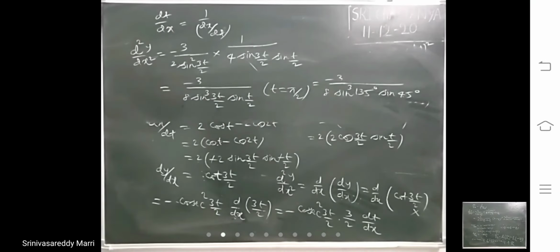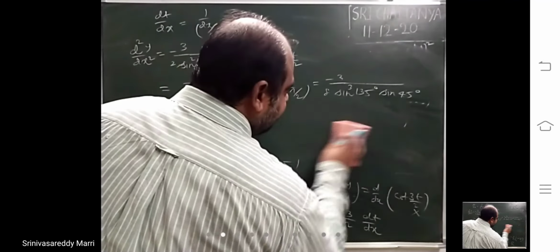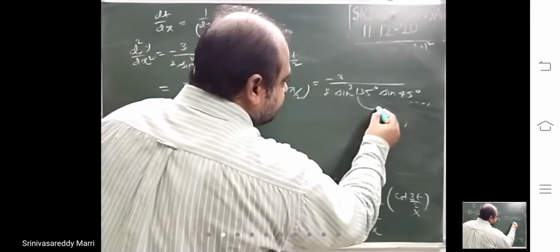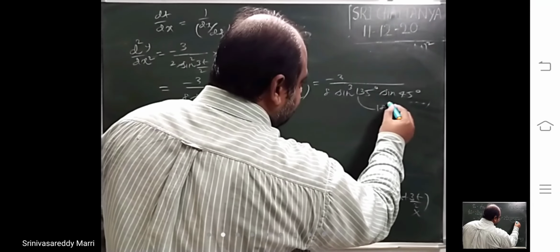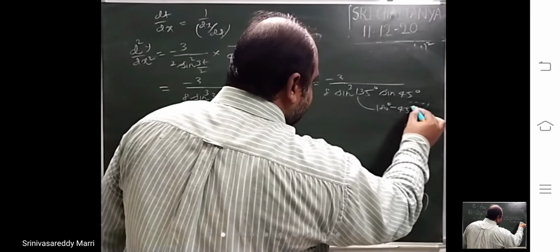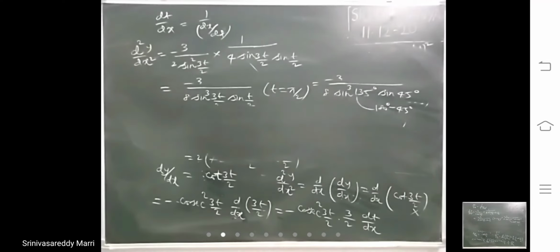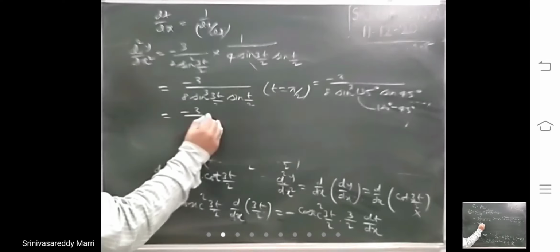You know sine 135 is sine of 180 minus 45, which is nothing but sine 45.